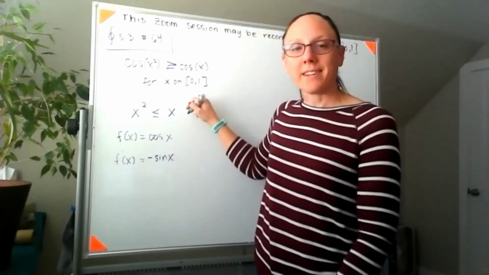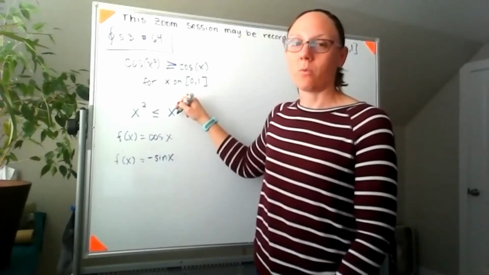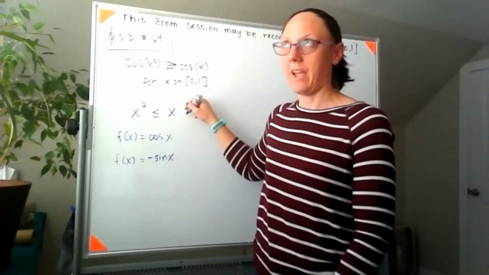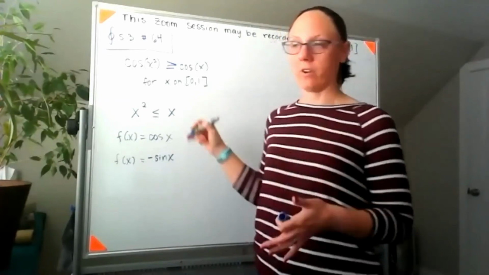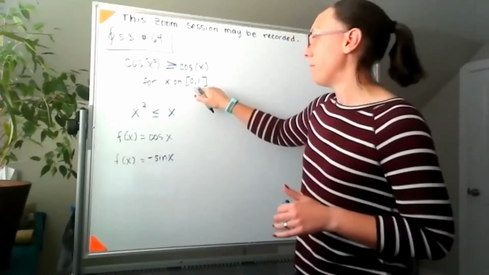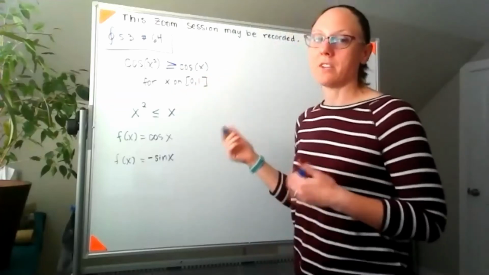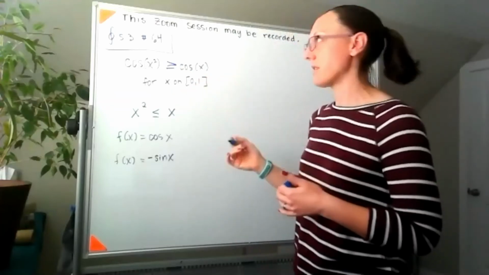And when we say 0 to 1 here, we're talking about 0 radians to 1 radian. And 1 radian is about 57 degrees. Calculus only works in radians, so these numbers, if we're plugging them into cosine, have to be in radians.